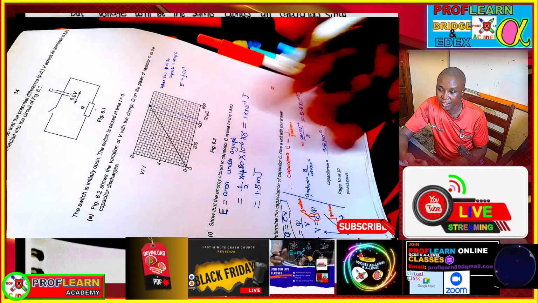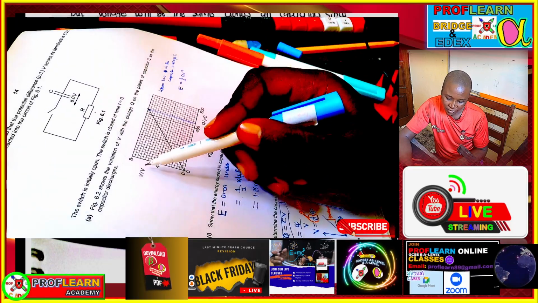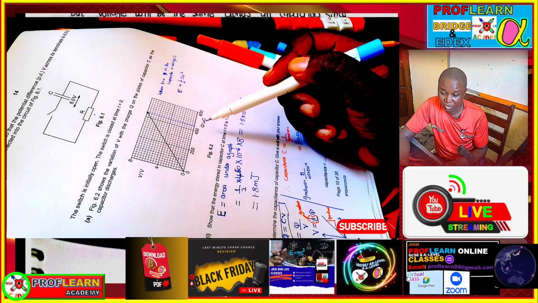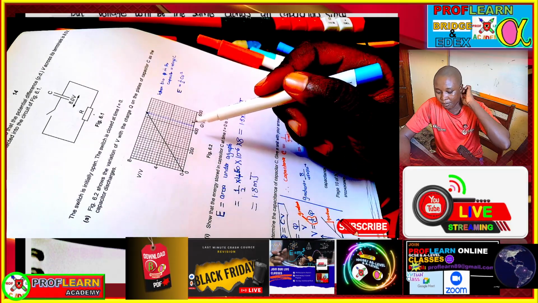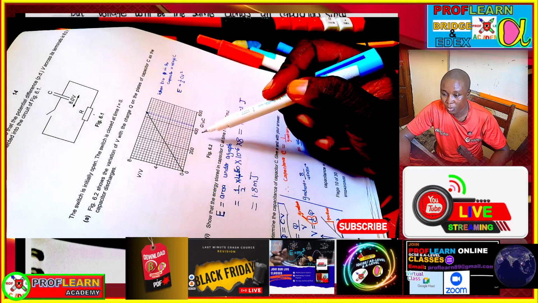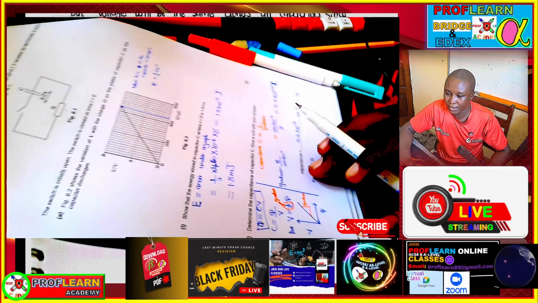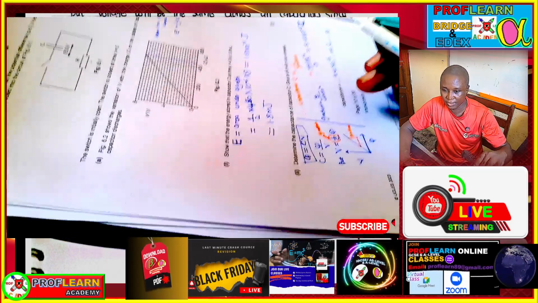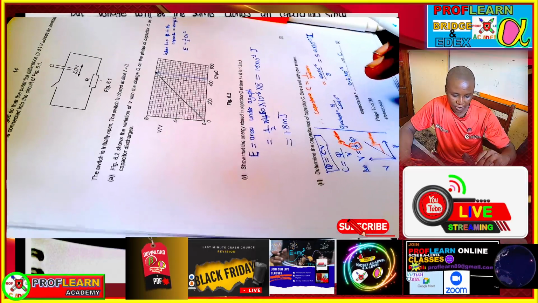Because it's V against Q, 1 over the gradient is going to give us the capacitance. But if it was Q against V, then if you work out the gradient directly, it gives you the capacitance. So that's the difference that you really ought to remember as far as this particular topic is concerned.